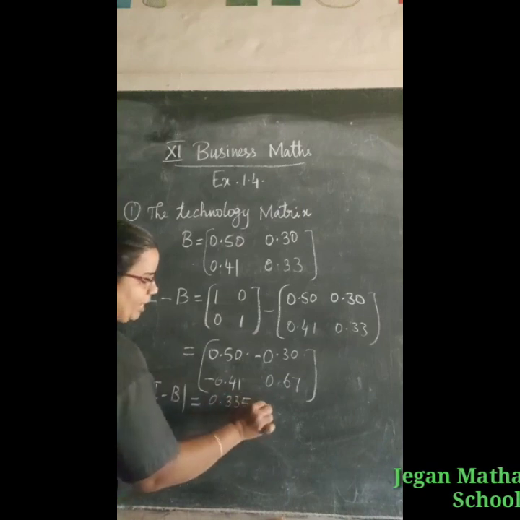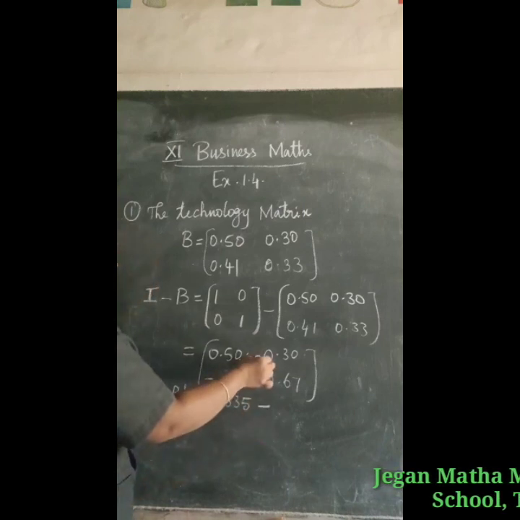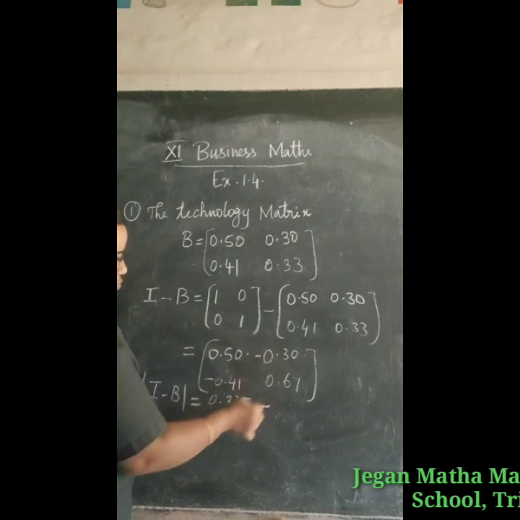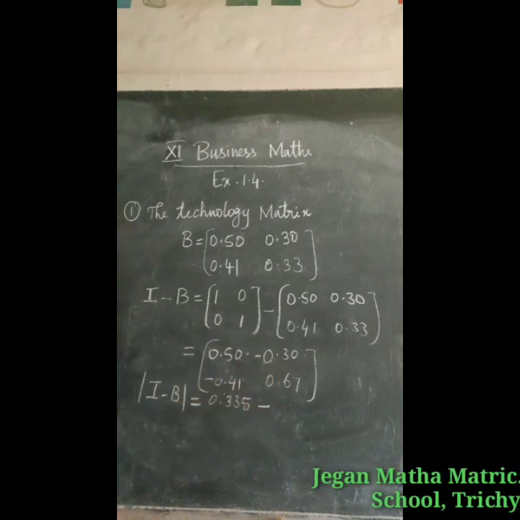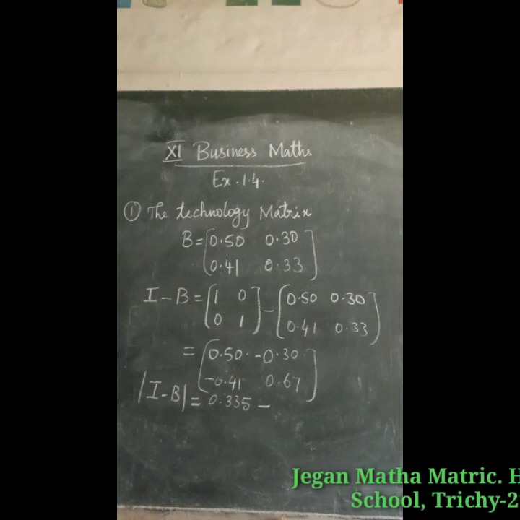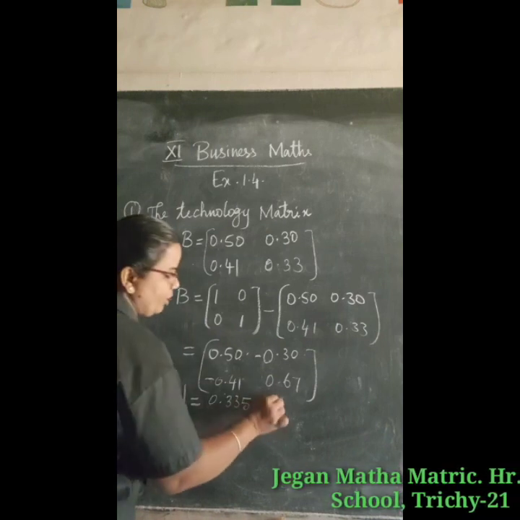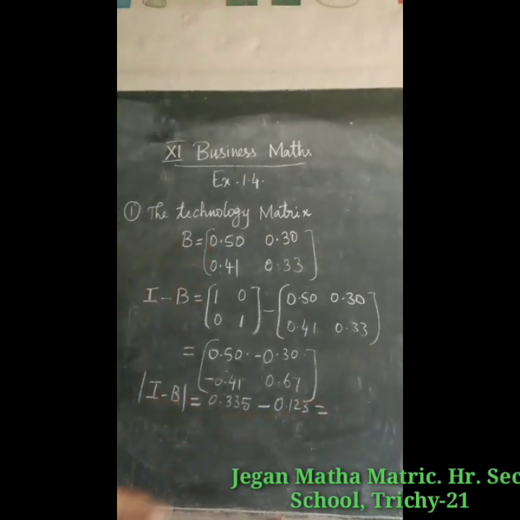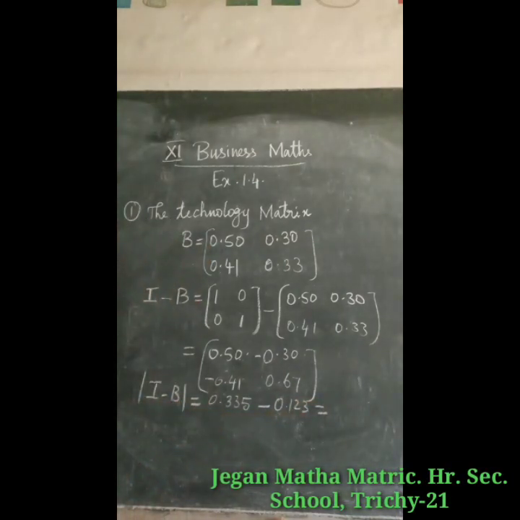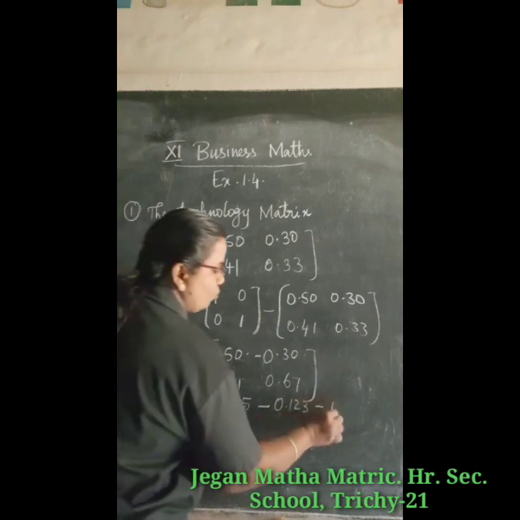0.335 minus, here minus of minus is plus, so we multiply these two and subtract this value. 0.30 into 0.41 gives 0.123. So the determinant of I minus B is 0.212.